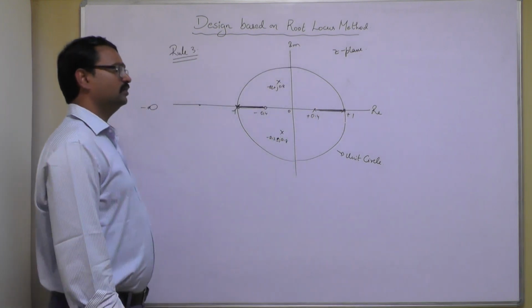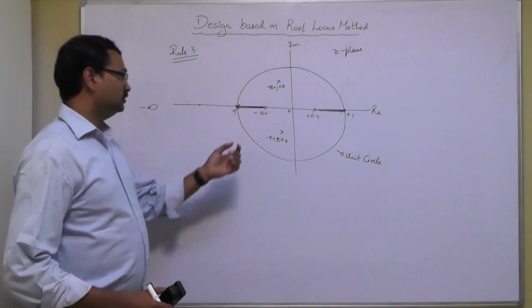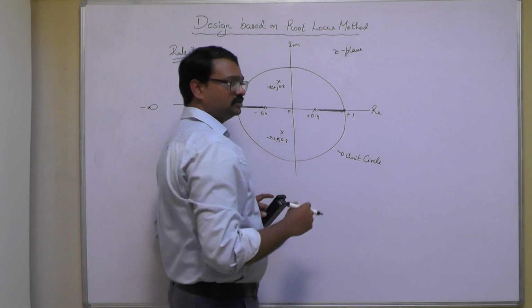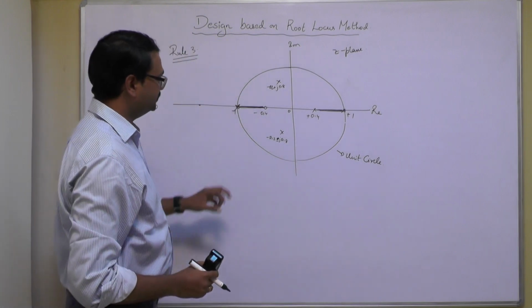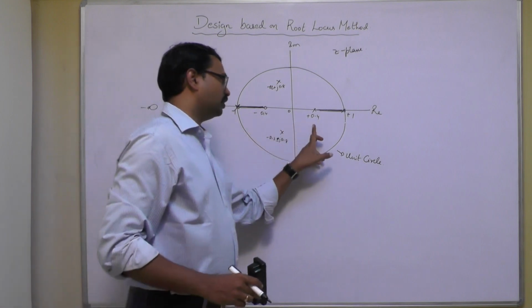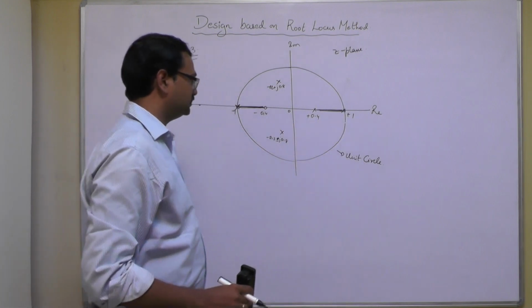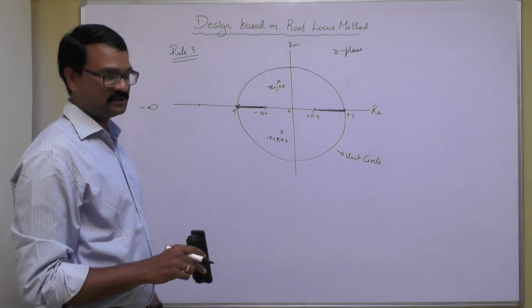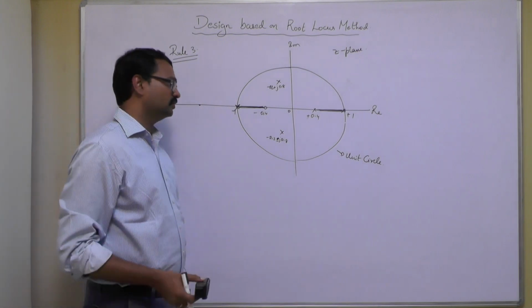Now, this is what we are going to see. Anywhere further out I stand, there are no poles and zeros to the right, so it is not considered. So I have minus 1 to minus 0.4 and plus 0.4 to 1 as the portions of the real axis lying on the root locus.